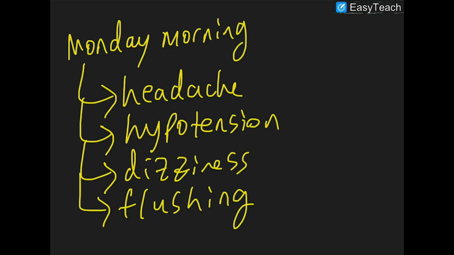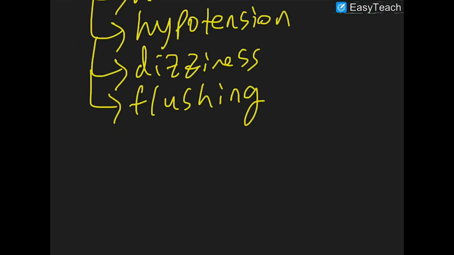Because they would have all of these symptoms Monday morning, what happened was, as the week went on, by Friday, let's say, what happens when you are constantly exposed to nitrates? Remember the enzyme we talked about.